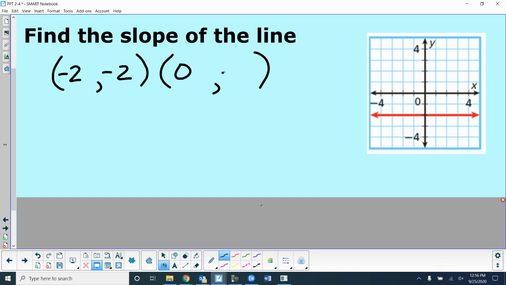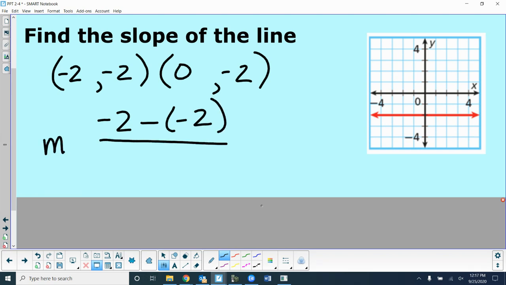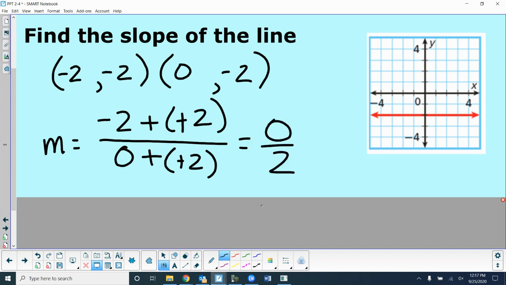Okay, that's all right. Okay, so y2 minus y1 over x2 minus x1. What's that equal? 0.